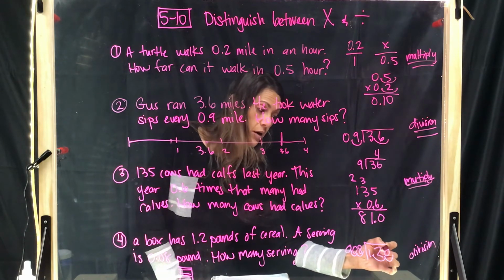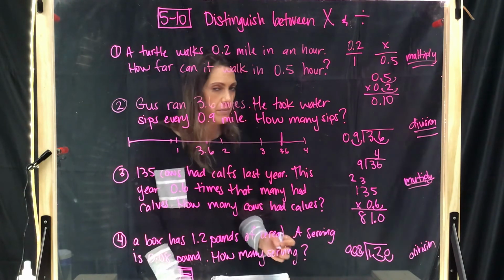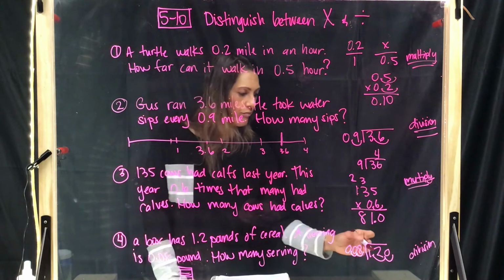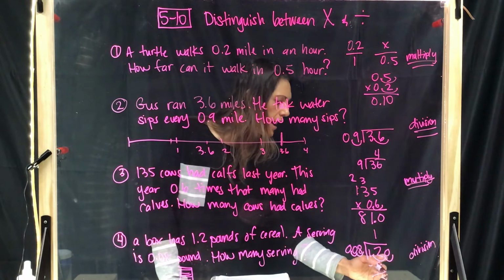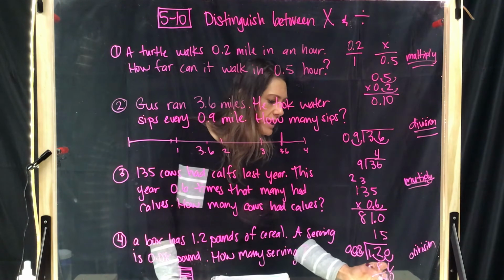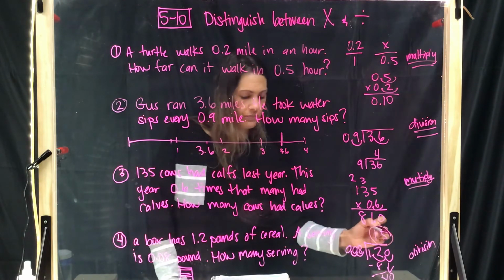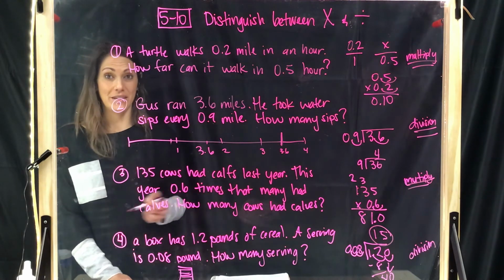I'm going to add a 0 as a placeholder because there wasn't anything there. So now I'm working with 120 divided by 8. 8 goes into 12 once. And I'm going to bring down my 0. 8 goes into 40 5 times evenly. So, looks like there are 15 servings in that box of cereal.